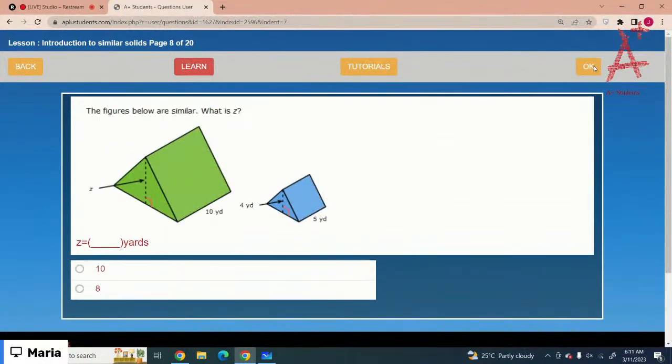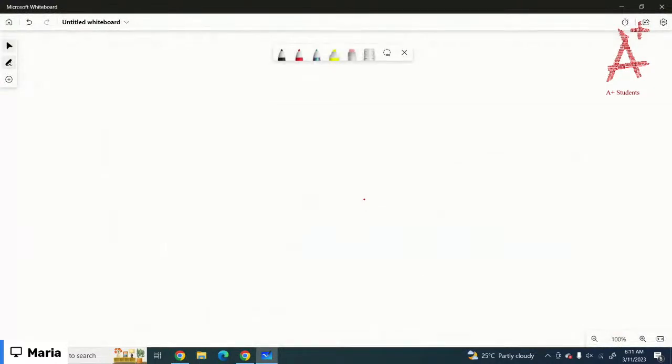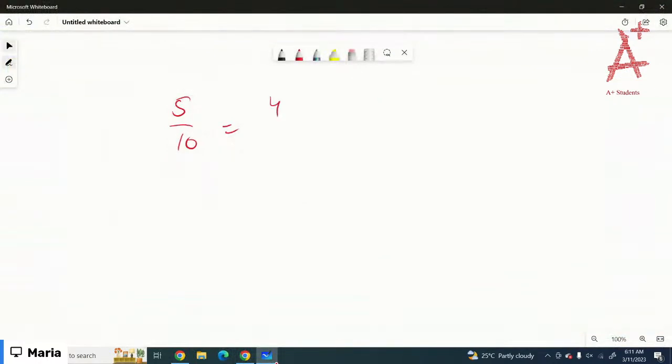Okay, the figures below are similar. What is Z? So the ratio between the corresponding sides, 5 over 10 equals 4 over Z. So it is 5 times Z equals 10 times 4.